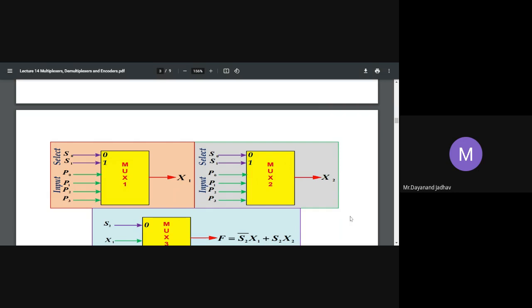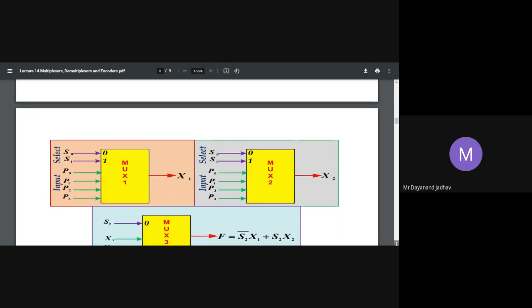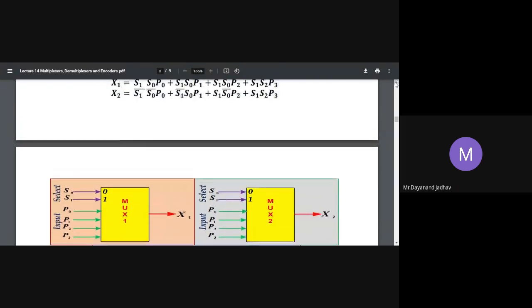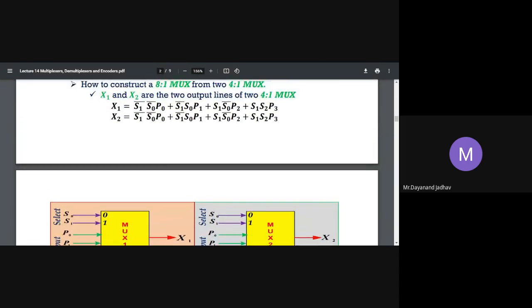See here X1 and X2, we can consider this is for the 2 here multiplexer, X1 and X2. For X1 and X2, if suppose S1, S1 bar and S0 bar, here S0 is 0 and S1 is 1, then P2 is selected like that.